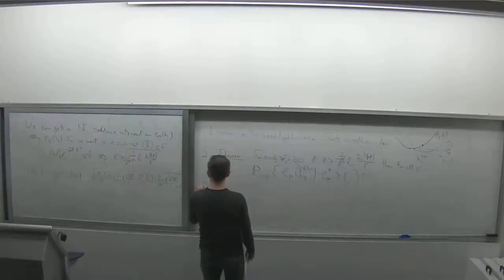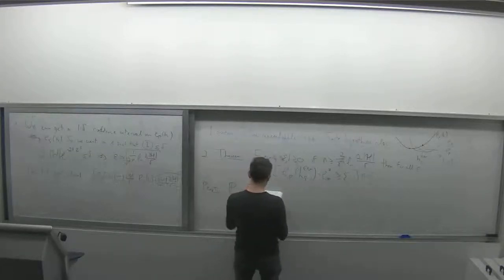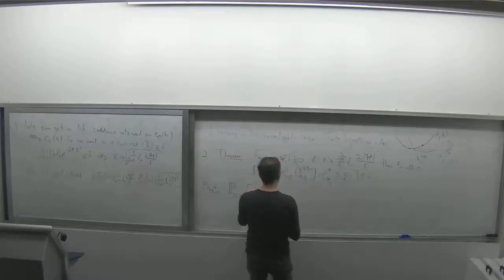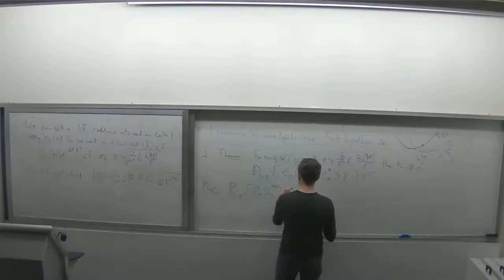So proof. It relies on this lemma that I mentioned last time, which Roy still owes you. So let's start from the left-hand side. The probability that the generalization error of ERM minus E star P is greater than epsilon.